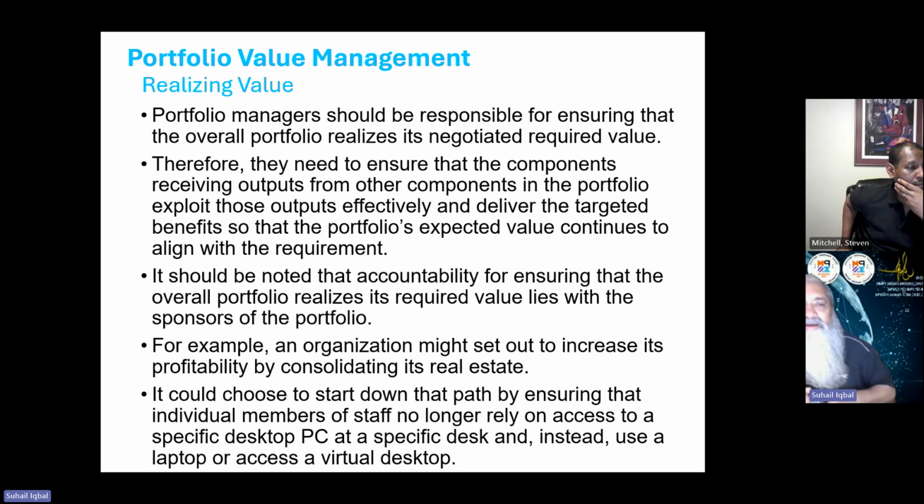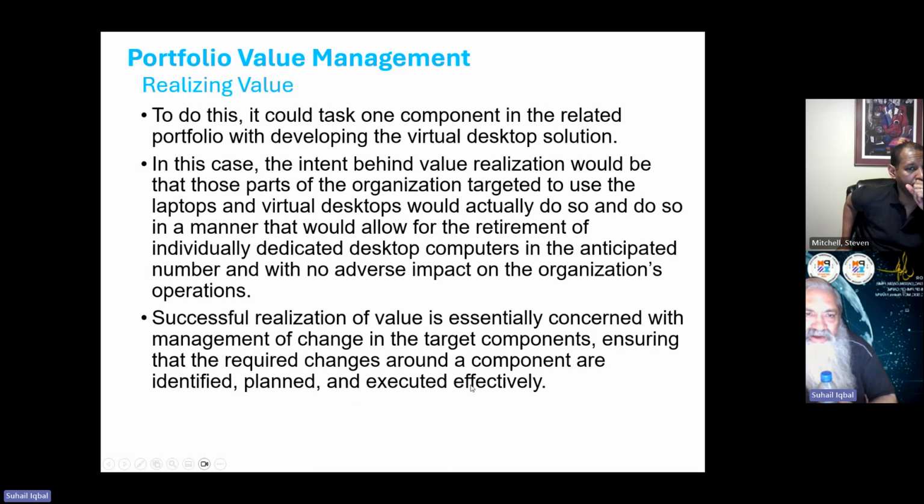But you see that the responsibility of realizing the value comes squarely on the shoulders of the portfolio sponsor. And therefore, the portfolio sponsor is concerned. It's not only the portfolio manager, the portfolio sponsor is responsible for that, right? So therefore, we need to ensure through our governance that these values are realized.